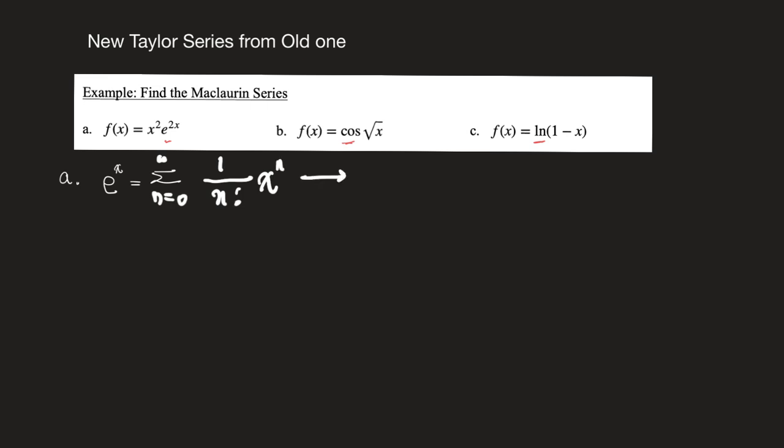So from here, we can find e to the 2x. How can we find e to the 2x? You replace x with 2x, right?